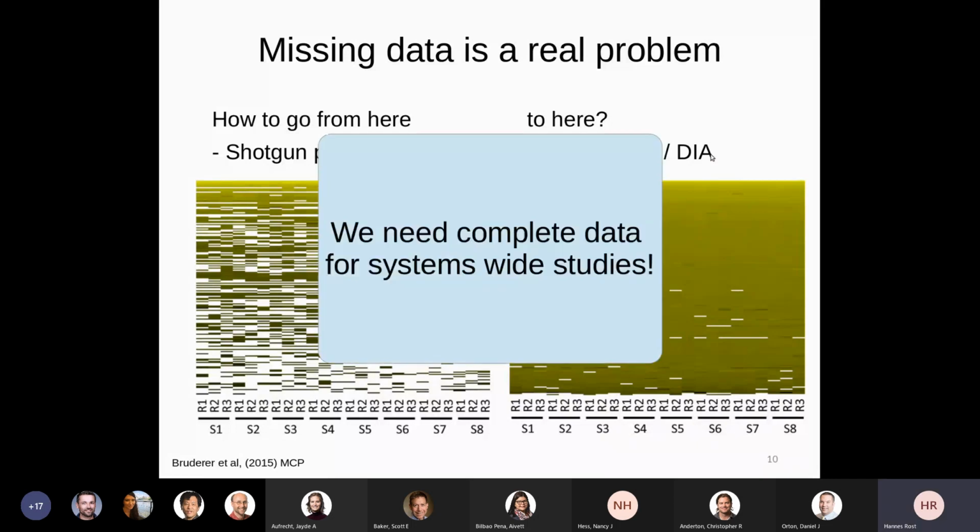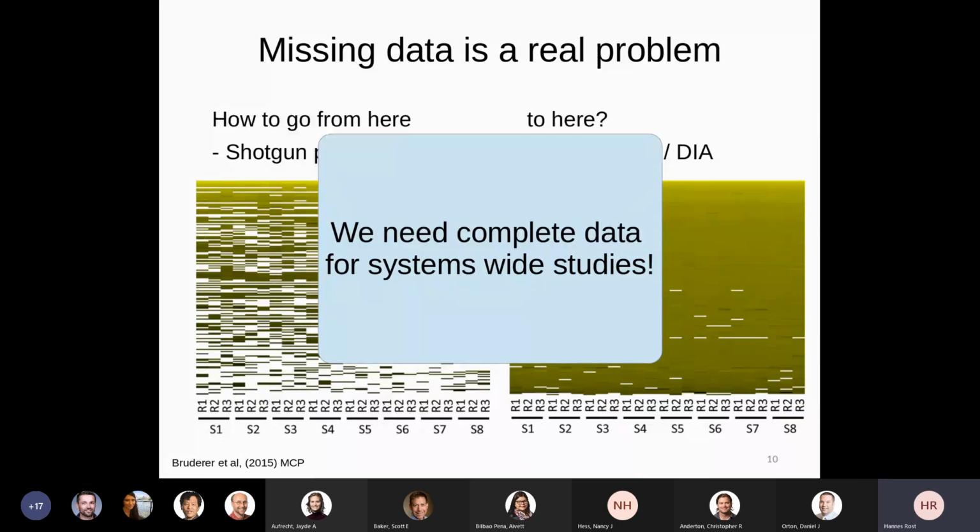And again, I would like to highlight that if we want to do systems-wide studies, if we want to move into the realm of large-scale clinical studies or into systems biology, we need to have systems-wide complete data, and we cannot easily deal with large amounts of missing data.